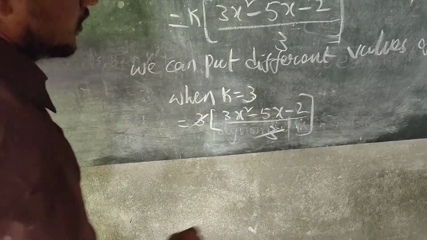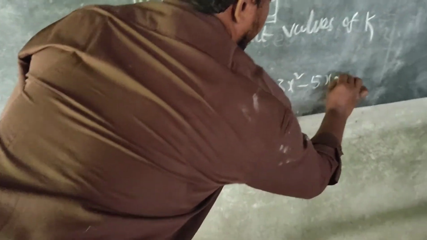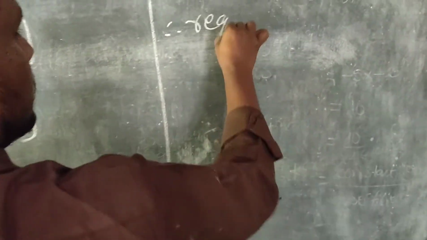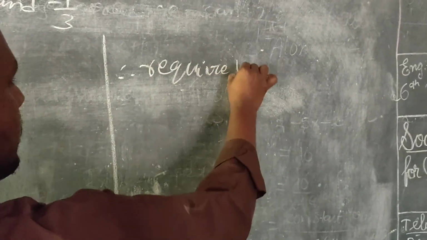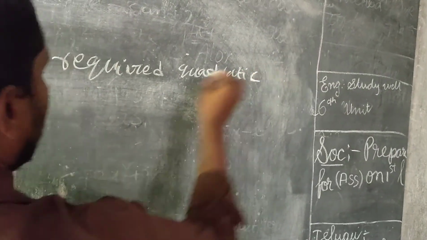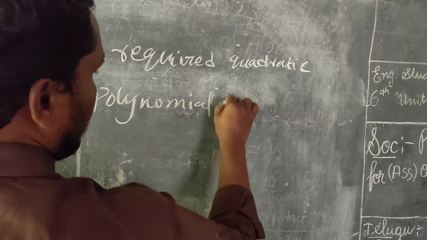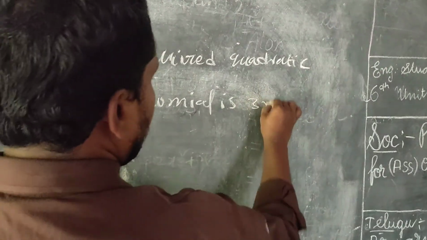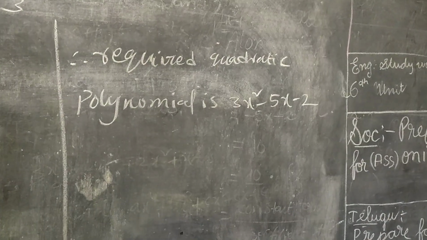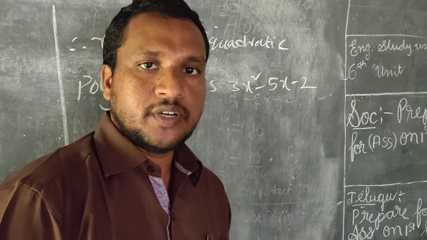The 3 cancels. The remaining polynomial is 3x square minus 5x minus 2. Therefore, the required quadratic polynomial is 3x square minus 5x minus 2. Okay students, thank you.